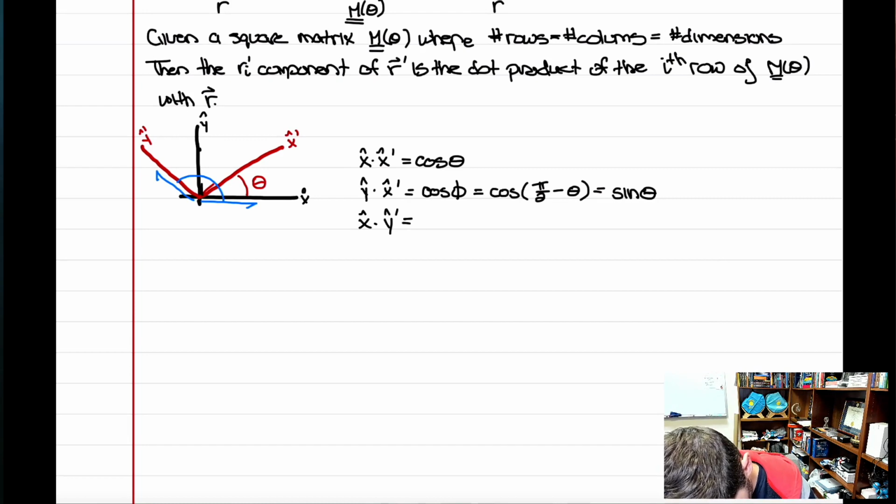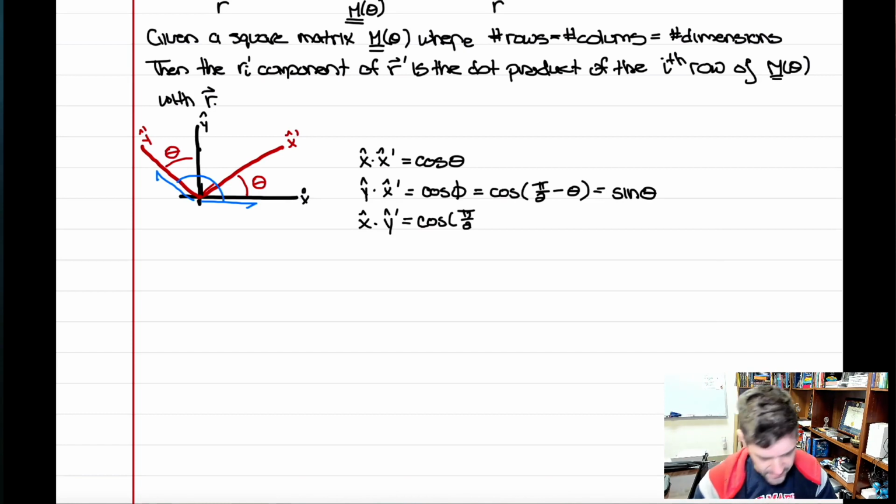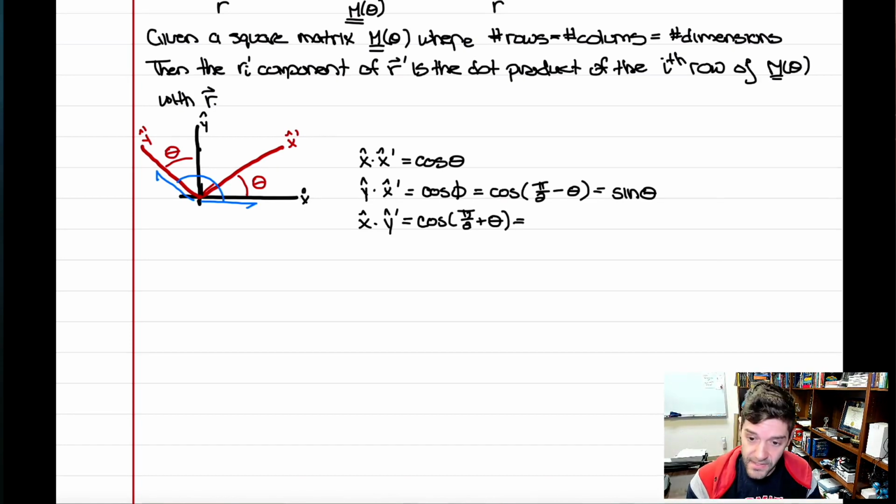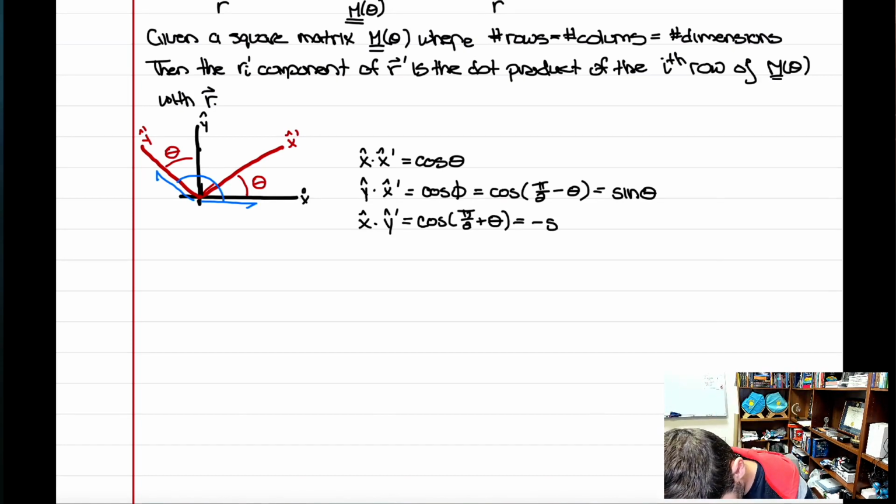Well, that looks like it's going to be cosine of, it's at least 90 degrees. And then it's not too hard to realize that this is also theta if I rotate the axes. So this looks like cosine of 90 degrees plus theta. Is that a trig identity? You bet. Negative sine of theta.